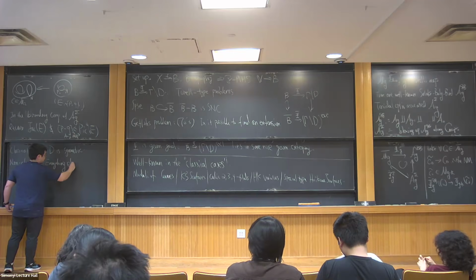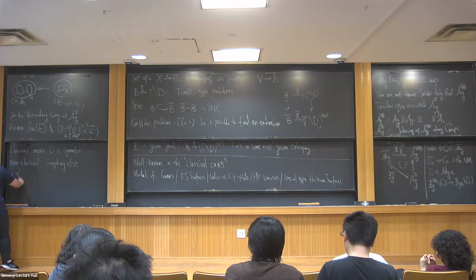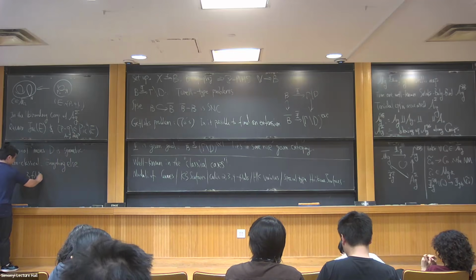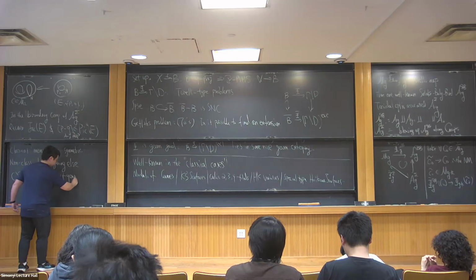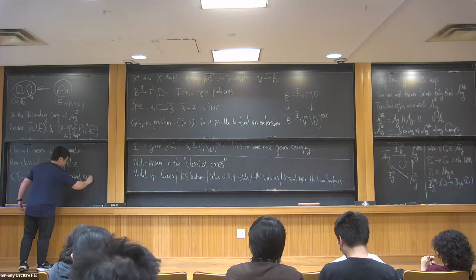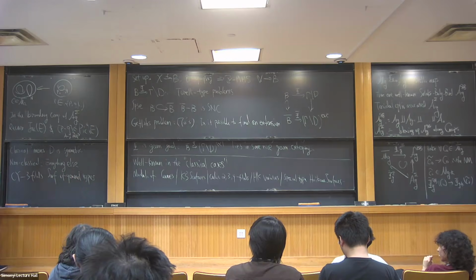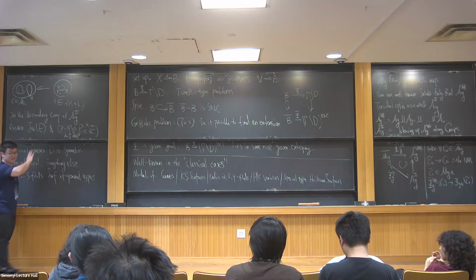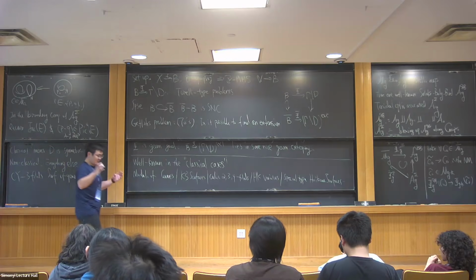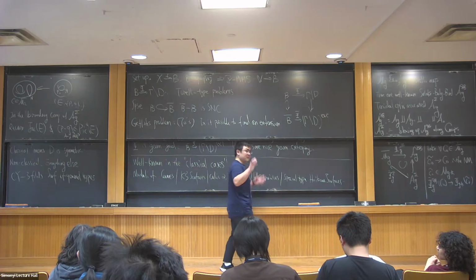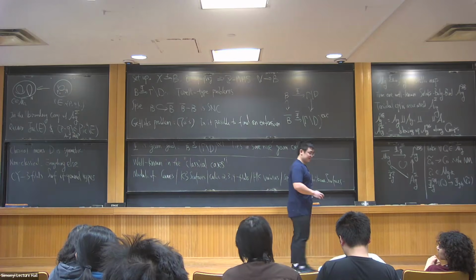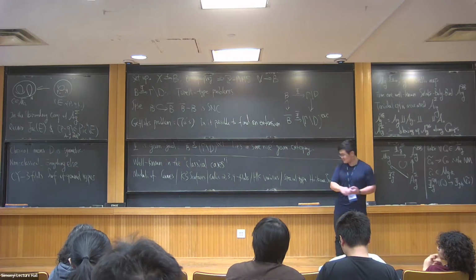For example, general CY3-folds or surfaces of general type. If you are interested in moduli of this type of varieties, then you should not expect the same story, because the theory of the Satake compactification and the toroidal compactification are only for locally symmetric varieties, also the classical case.